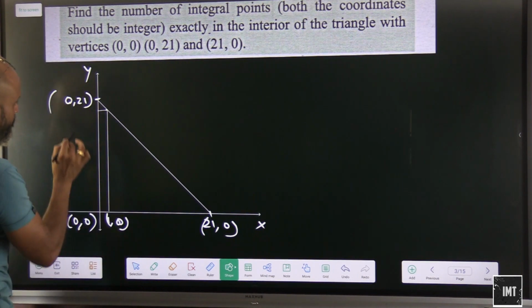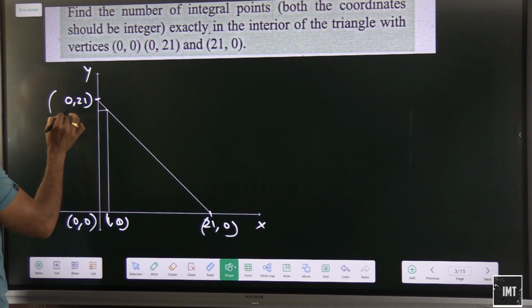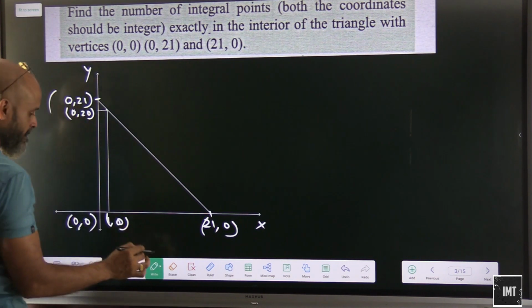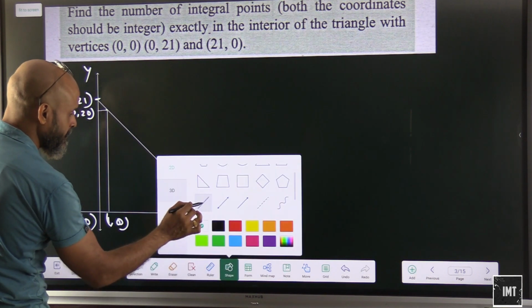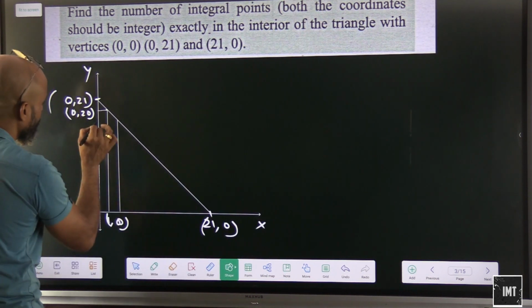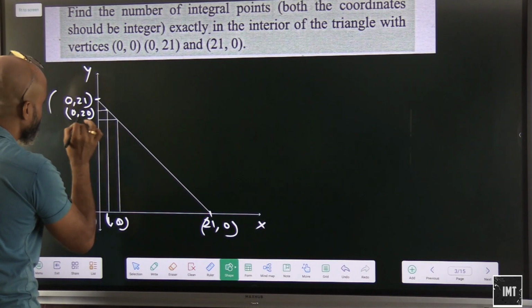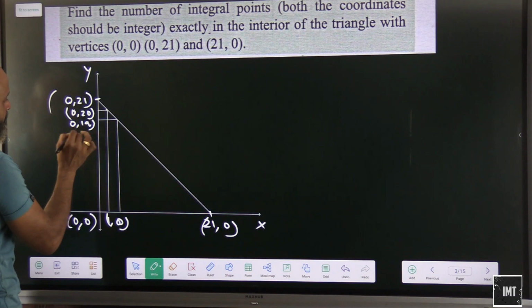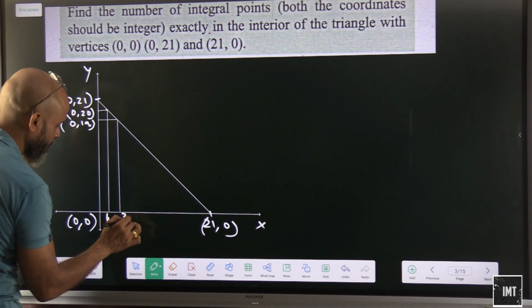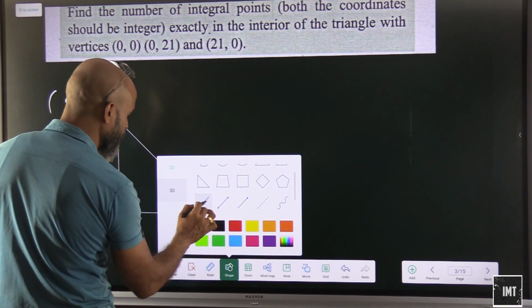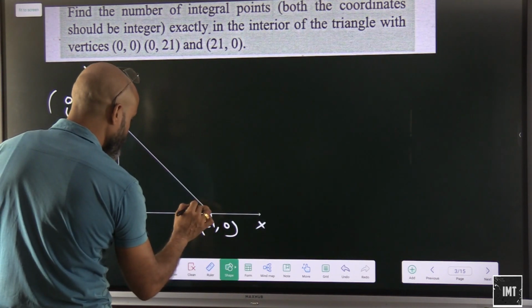If I take a point here, this will be 0 and 20. Similarly, if I draw another point here, this will be 0, 19, and this is 2 and 0. Similarly, if we come down here somewhere, these points will keep on continuing.